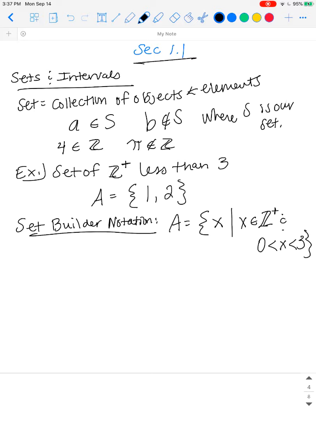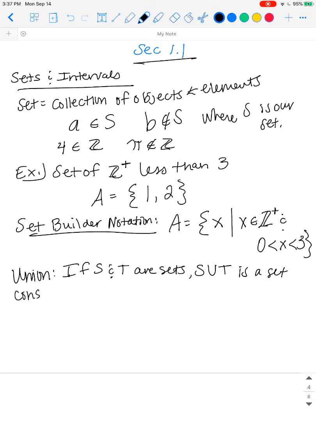Alright, now we're going to talk about unions and intersections. So we have union. So if S and T are sets, S union T is a set that consists of all elements in S or T, or both.